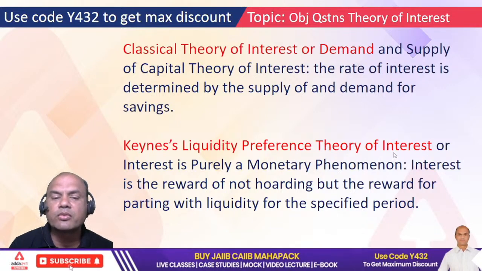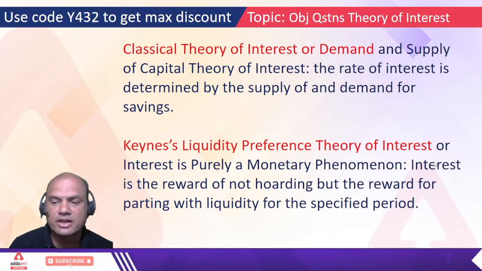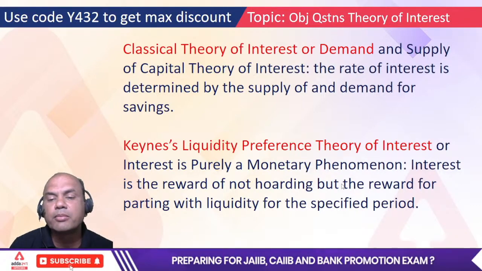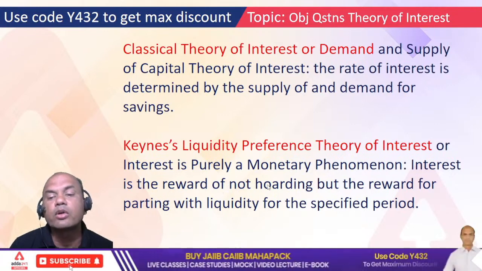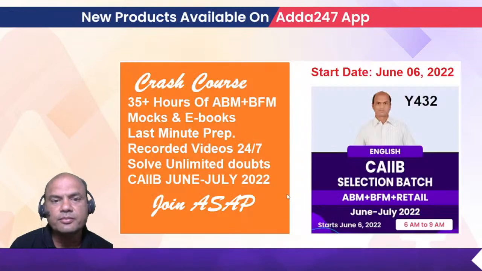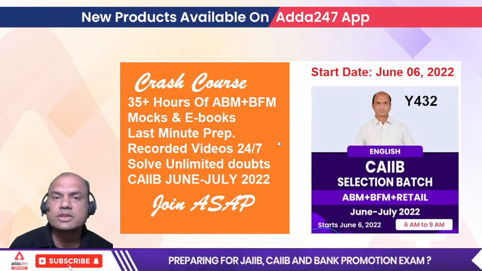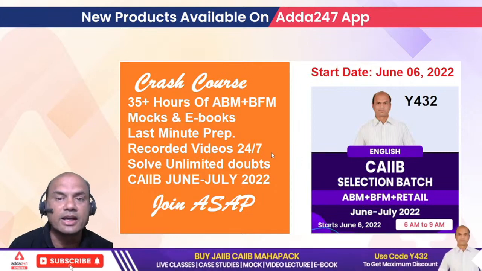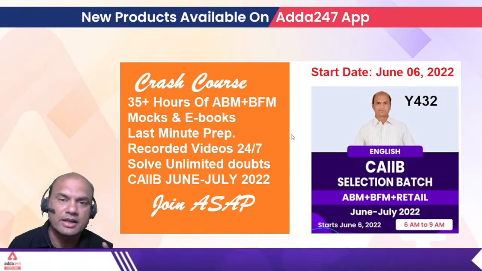And Keynesian talks about what? Interest is not the reward for not hoarding, but interest is the reward for parting with the liquidity, isn't it? Just now we saw it. So these were the questions about this IS-LM curve. Hope you have understood this IS curve, LM curve, and the important peculiarities of that IS-LM curve.